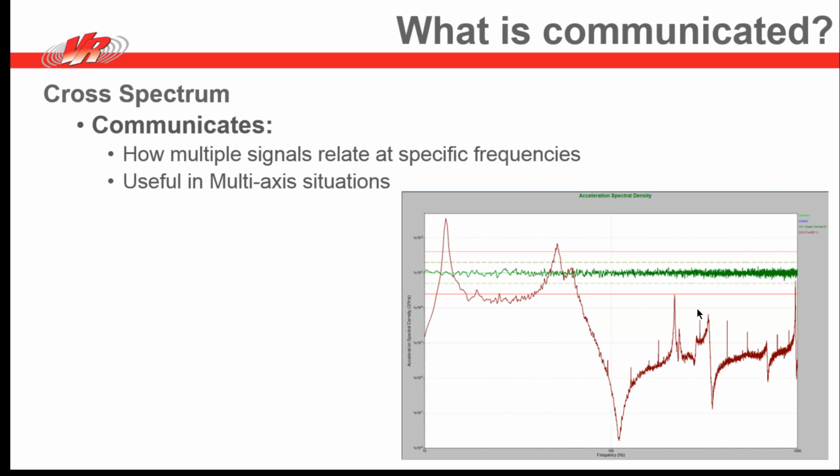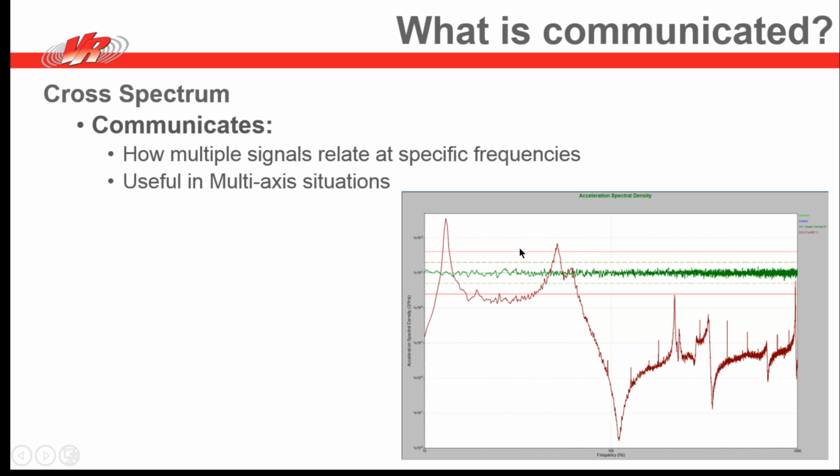multi-axis testing. You want to know, for example, in the situation that we're going to run in a few minutes live, here is the vibrations of channel 1, and here's the vibrations of channel 3. And at certain frequencies, we are trying to excite channel 1, and we're finding that we are getting large vibrations in a completely different axis than the one we are trying to excite.